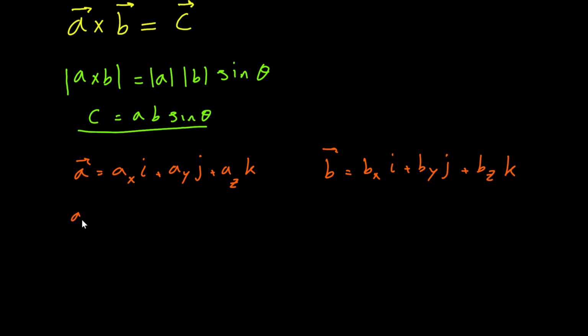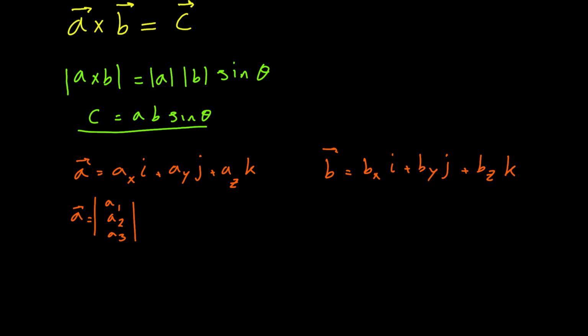Or if you are just given vector A as A1, A2, A3, this is our vector, so we know that this is the I, this is the J, this is the K, multiplied by those unit vectors. It's easier just to see.